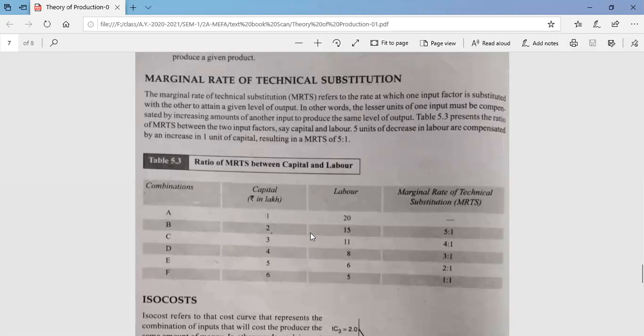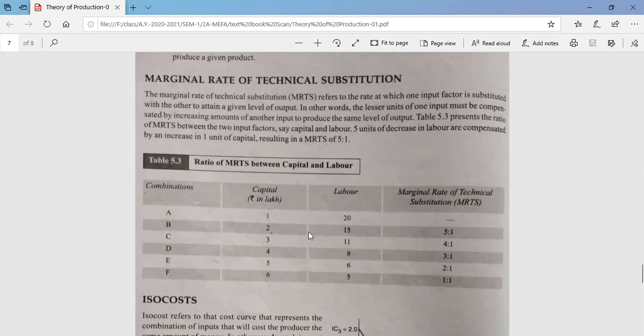So we have to definitely know this. Why? Because if you want to produce, you will be having a target of production, and you should know the different combinations to produce that output. Then only you can achieve your targeted output. If you don't have the knowledge on it, you are unable to reach your target to produce that particular amount of output.